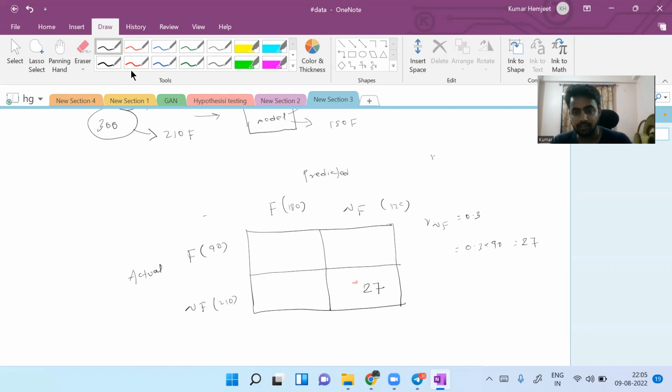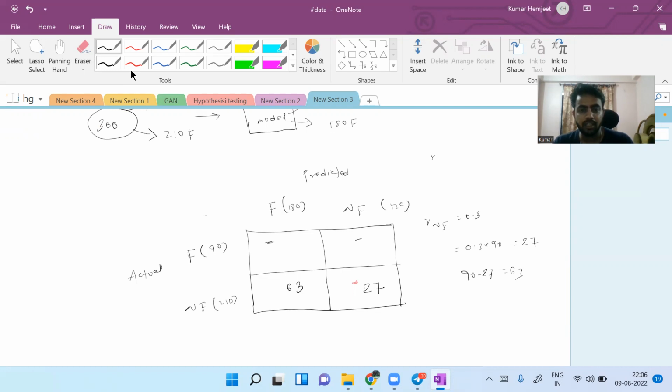Now the remaining 90 minus 27 would be 63. That would be predicted as fraud. This should be clear by now. Now we need to fill these two boxes, this one and this one.